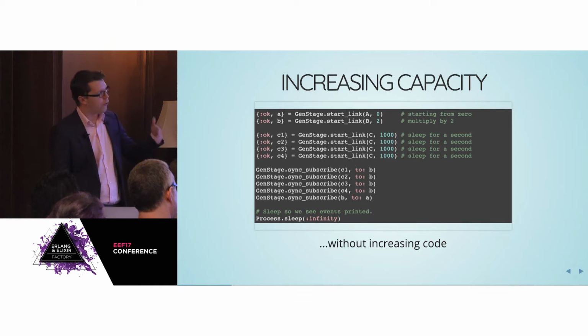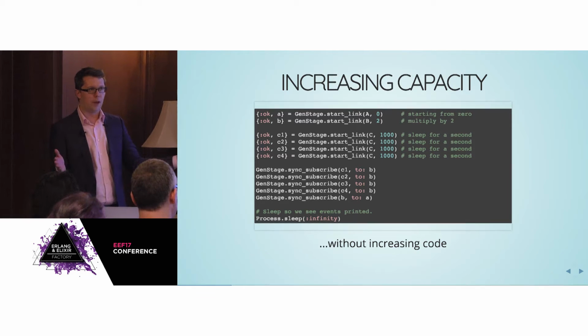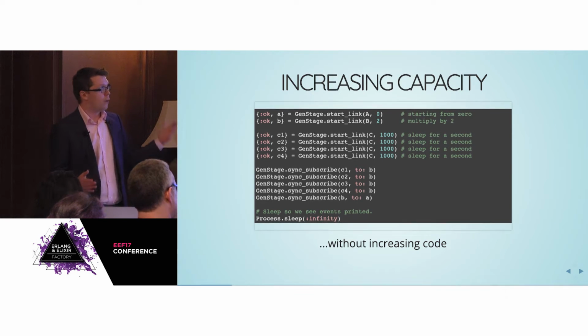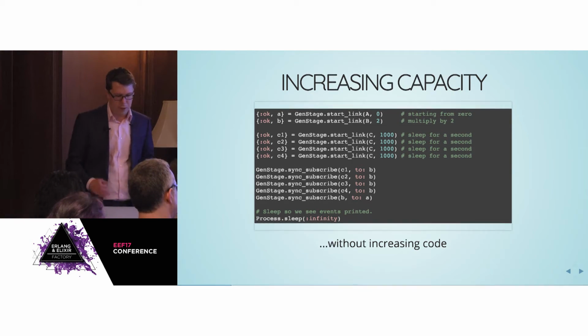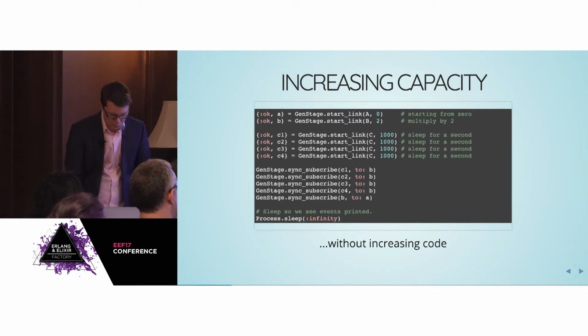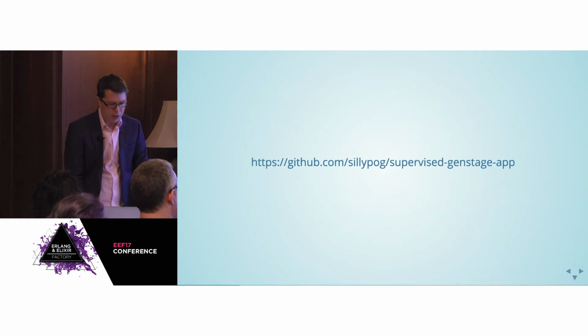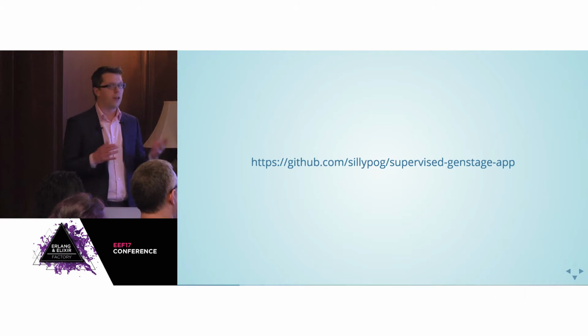And one thing that jumped out to me here was that there is a lot of boilerplate here. As you add a number of stages, you have to write more code, which, being very lazy, didn't seem great to me. So I created an extension of that example project to explore some of the beginning ideas of working with GenStage.